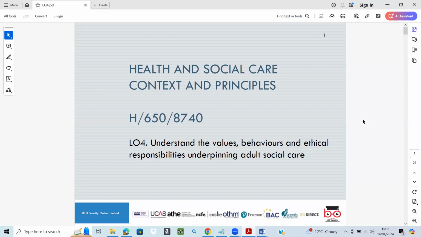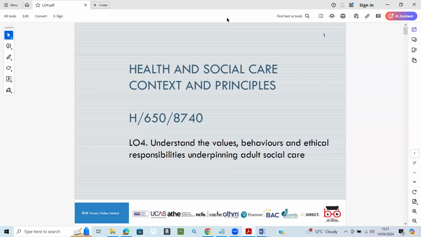As care workers, we should always remember that our actions and decisions have a significant impact on the lives of those we serve. By understanding and implementing these values, behavior, and ethical responsibilities, we ensure that our care is compassionate, appropriate, and respectful.